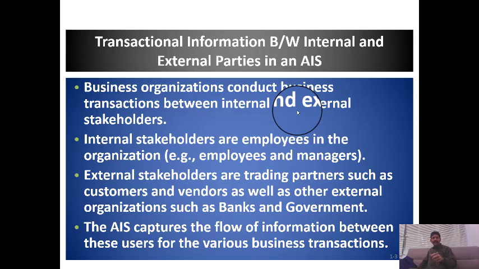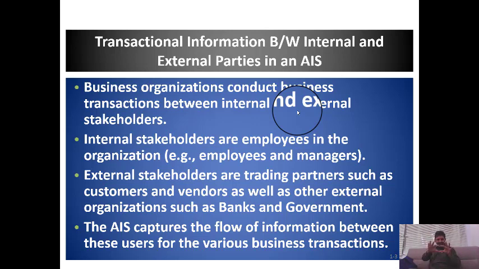So finally, what is the AIS doing? The AIS is capturing the data between external and internal users. Various business transactions take place between these external and internal parties, users, or stakeholders, whatever you call them. But the accounting information system is doing what?